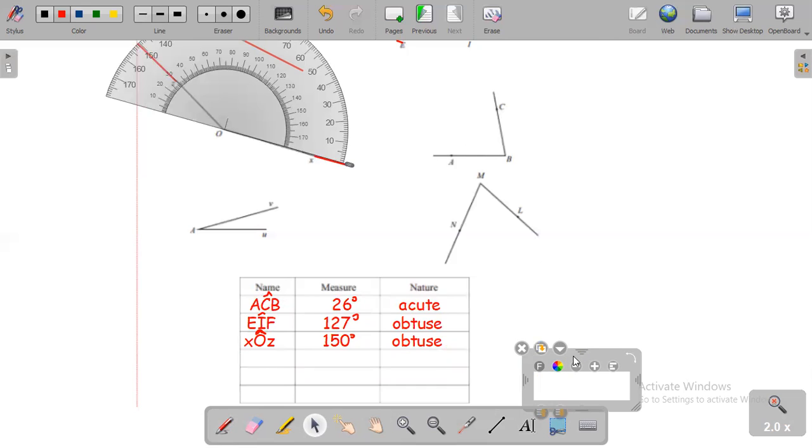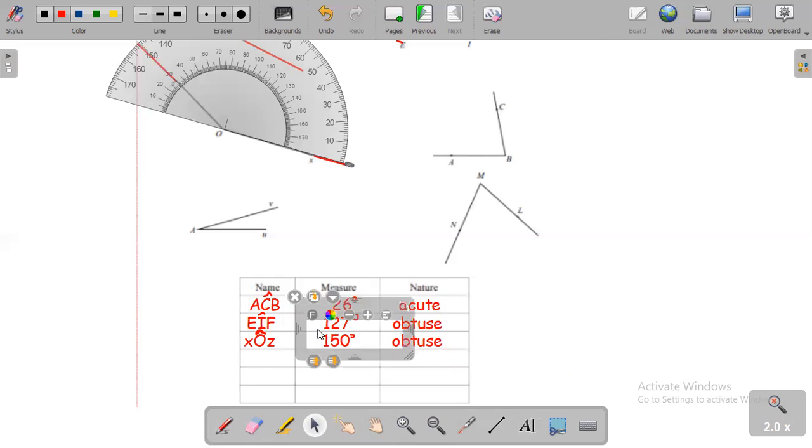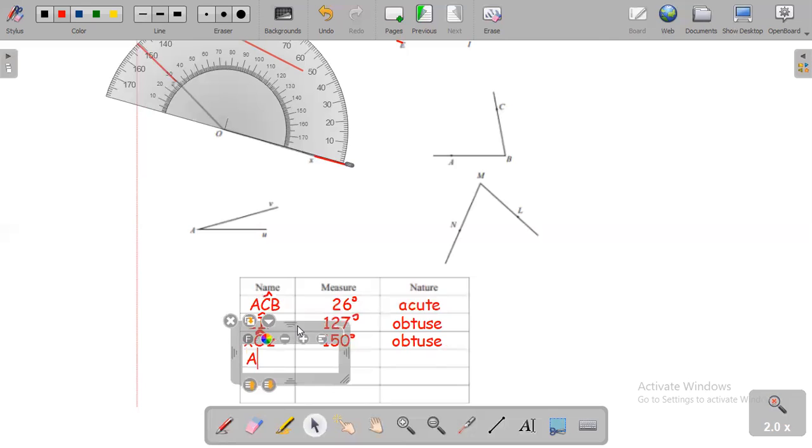The vertex is B, so the name is ABC. Capital A because we have a point. We write capital A. Capital B and capital C. And we put a hat.